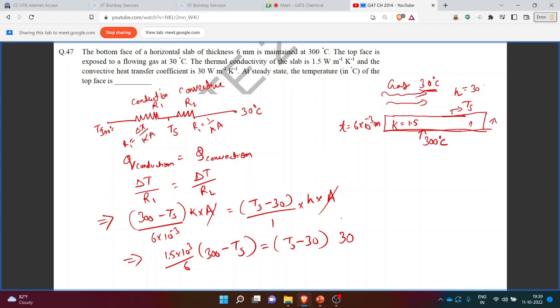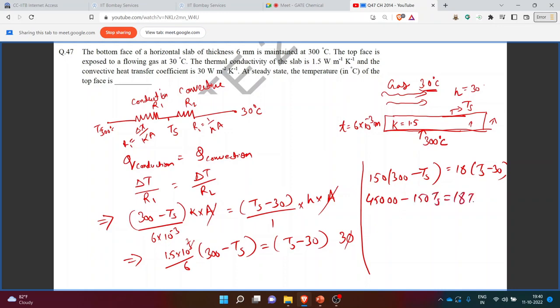We can simplify this, and we will have 150 into 300 minus Ts is equal to 6 into 30, that is 18 into Ts minus 30. So this will become 45,000 minus 150 Ts is equal to 18 Ts minus 540.